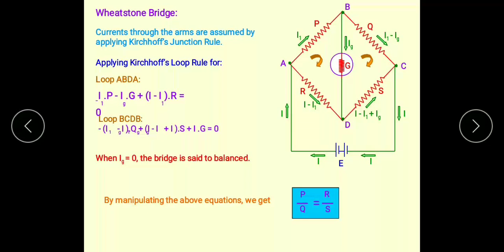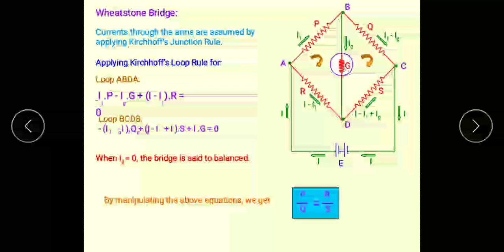Now similarly, the current flowing through R, we have already discussed, is I minus I1. Up to point D it will be I minus I1, but at point D two currents are meeting, which are Ig and I minus I1.